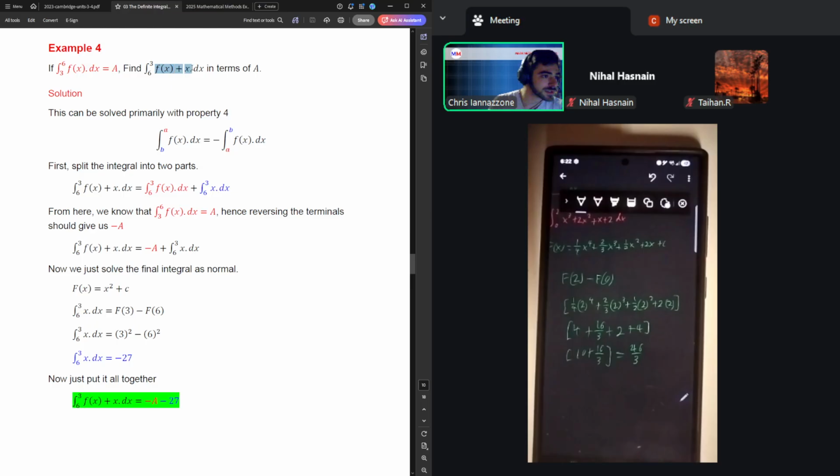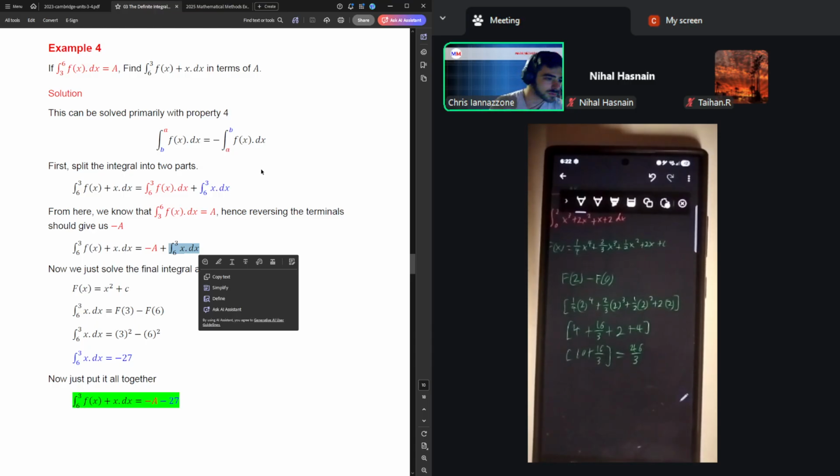There's a plus between these two functions, so we can split them up accordingly. Now we can use that whole equivalence here, where flipping the terminals just makes it the negative. So rather than this being positive a, it's now negative a. Finally, this one is just a solvable integral. It's just the integral of x. So we antidifferentiate it to x squared, and we do our capital F of top minus our capital F of bottom.